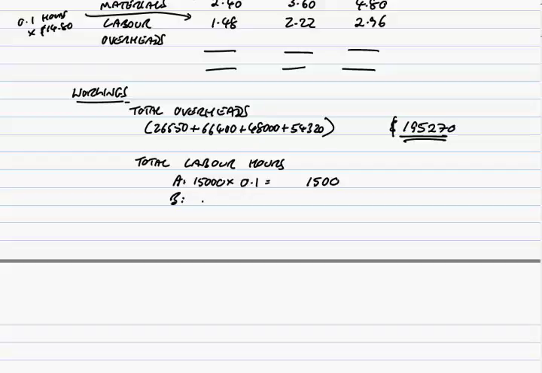Similarly, B, 12,000 units, 0.15 hours each is 1,800 hours. And similarly, C, 18,000 units, 0.2 hours is 3,600. So the total hours that we're working, 1,500, 1,800, 3,600, 6,900.